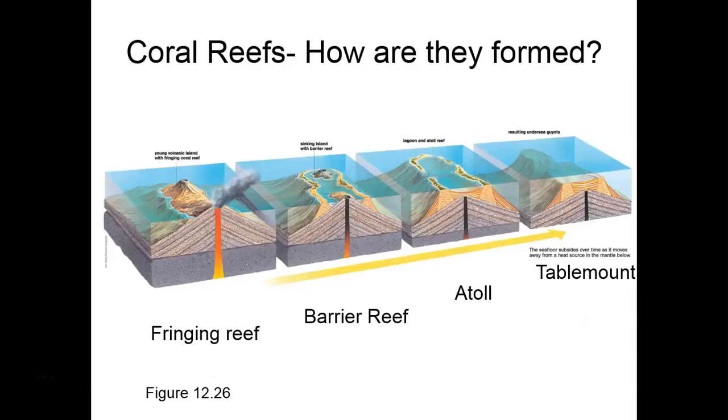So coral reefs form around land and around islands. This image here, which is figure 12.26 in your textbook, is showing you the progression of coral from being a fringing reef existing around an island all the way to being essentially a table mount due to tectonic activity changes.